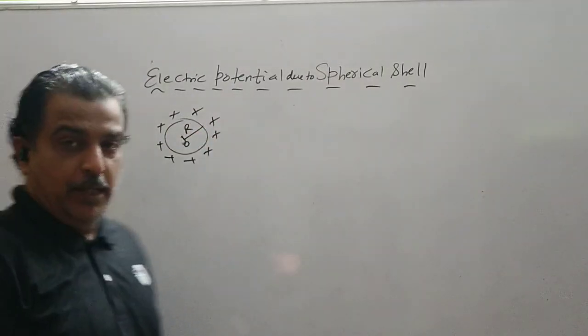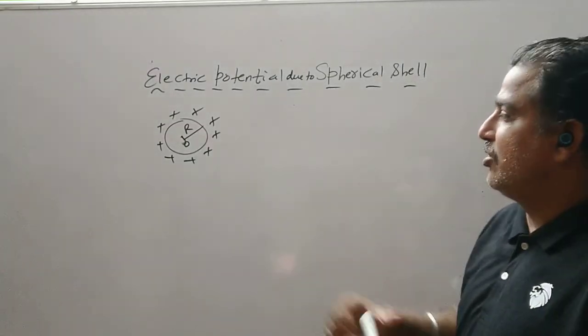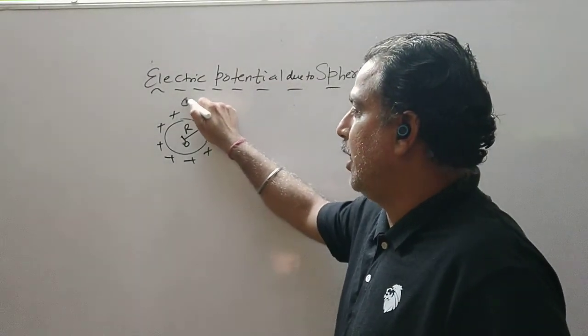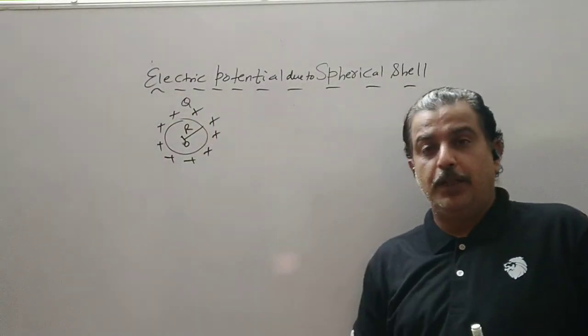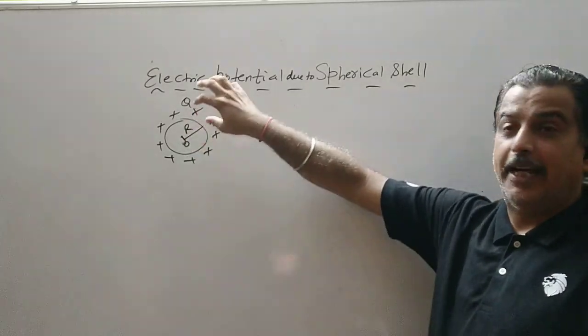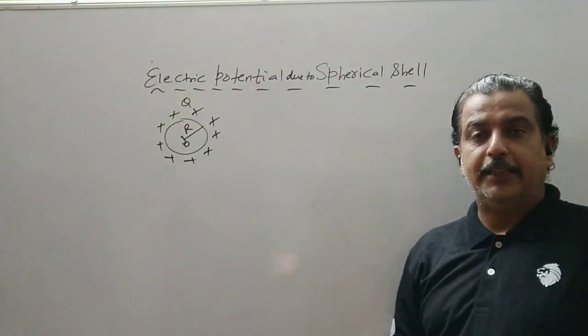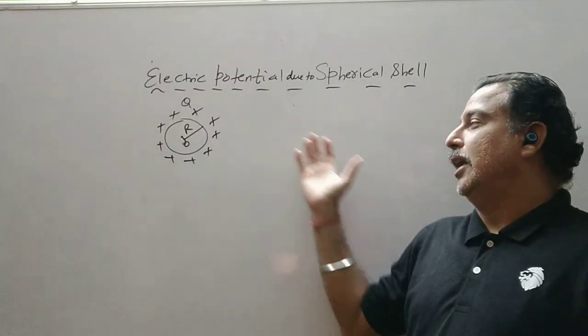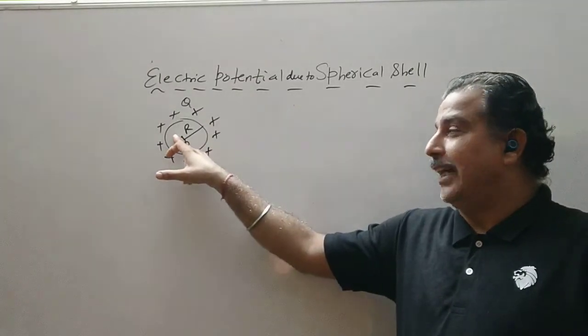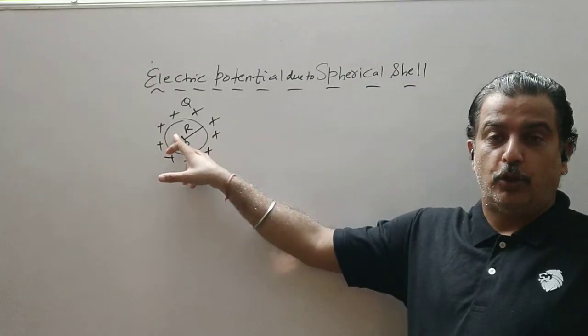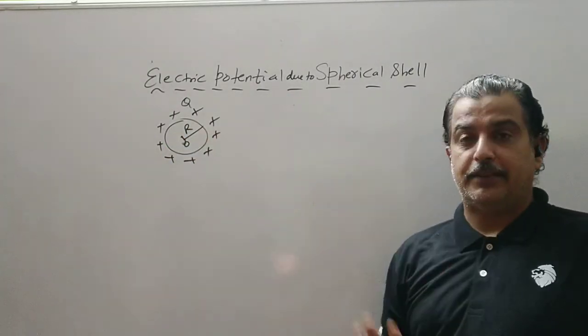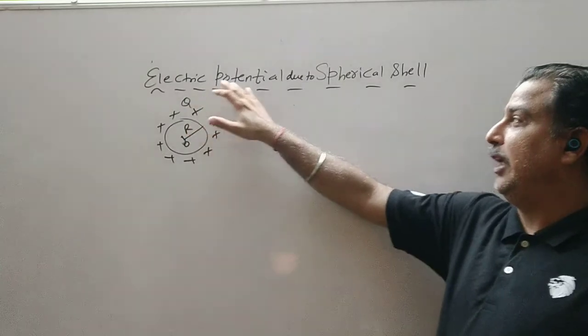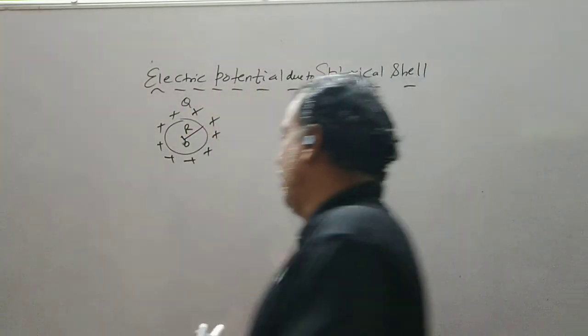Now if you remember, this entire charge, the Q amount of charge, was assumed to be concentrated at its center, and we had three points: outside, where the field was kQ upon r square, inside the electric field intensity was 0, and on the surface. Now we have to find out electric potential due to spherical shell.